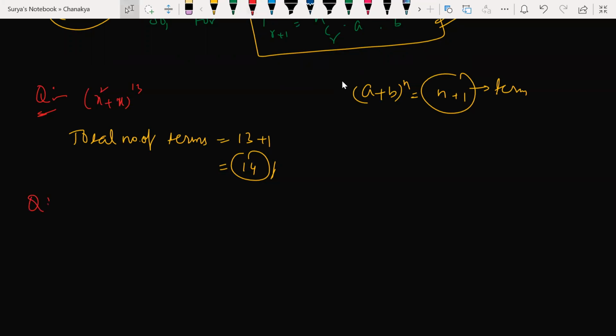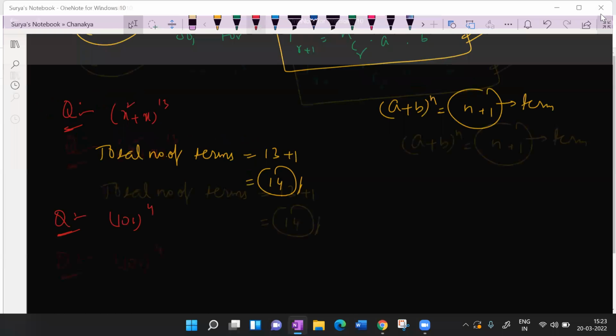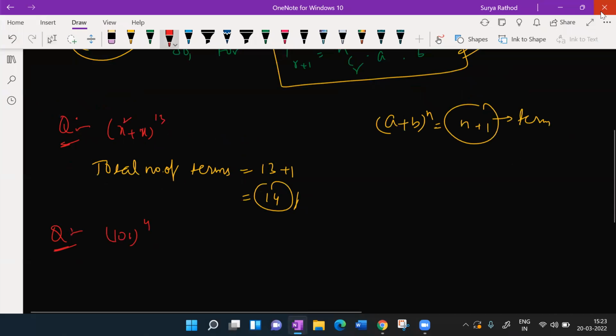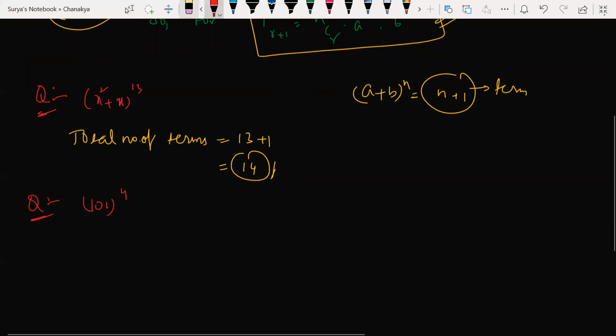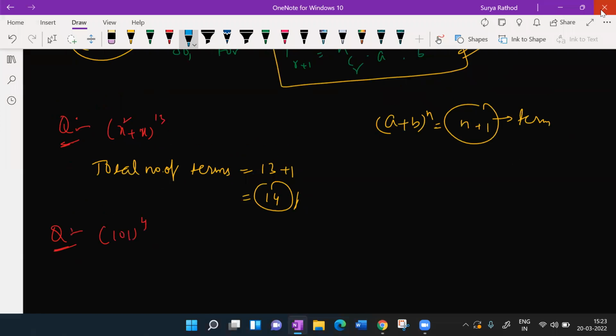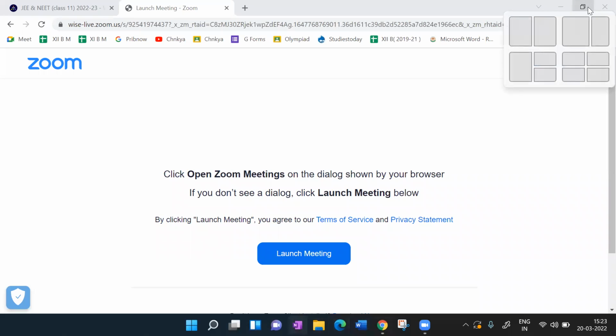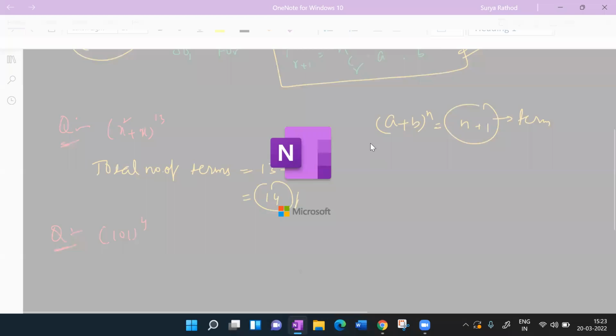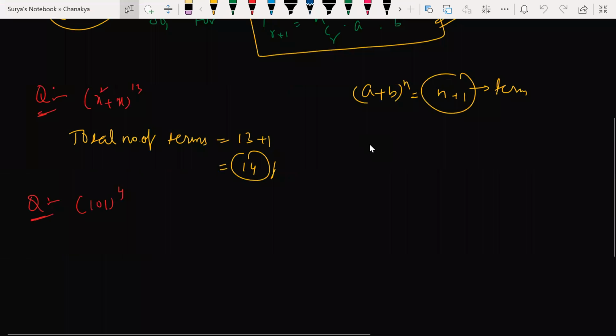Next question. Let us solve this: 101 to the power of 4. How can you solve this?